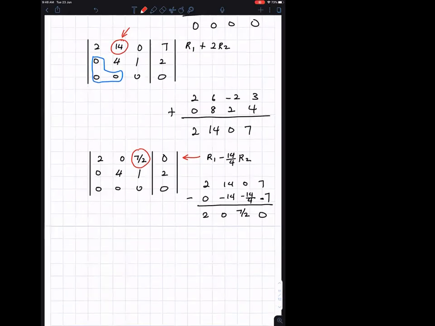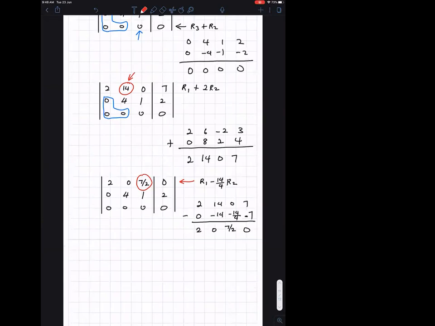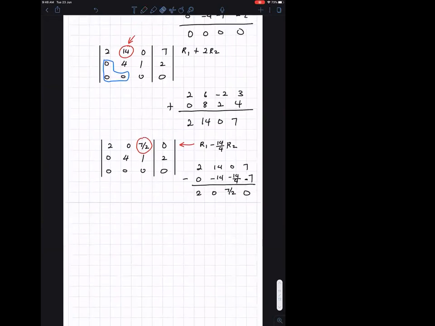So there's a problem here. It's difficult to make all of them go to 0. So what I can do is just stop here. I think that's the best I can do.